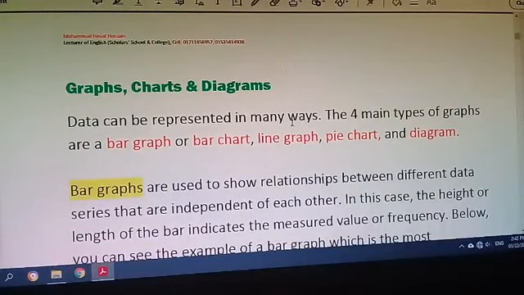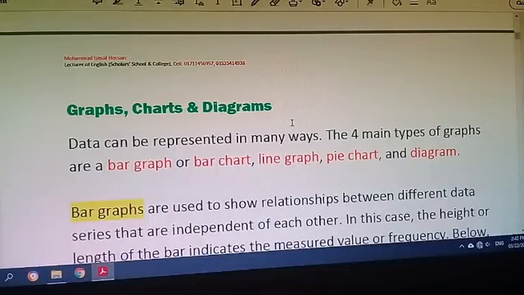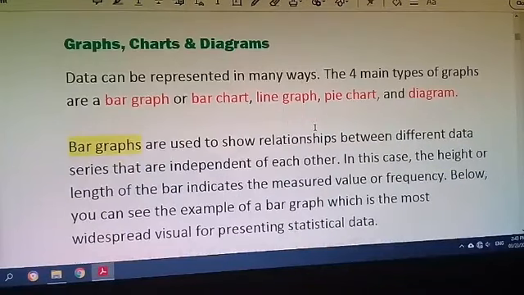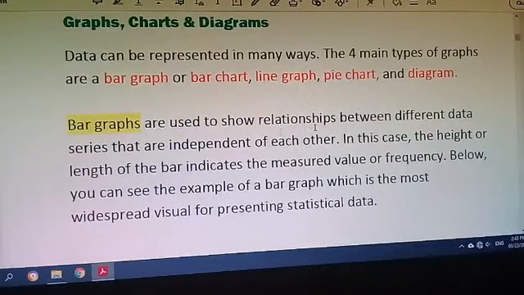We usually use bar graph, bar chart or line graph, pie chart and diagram to describe our survey report or any report. Here you can see I am now going to discuss what is bar graph.